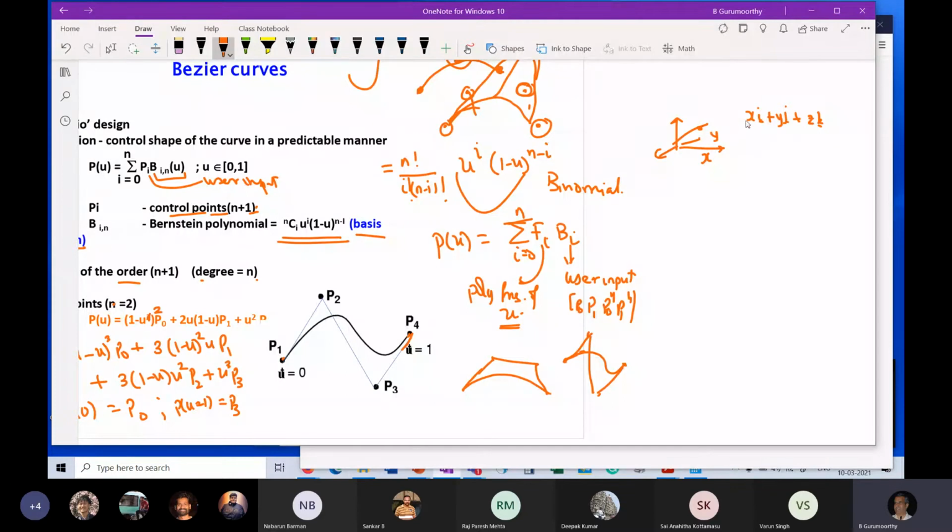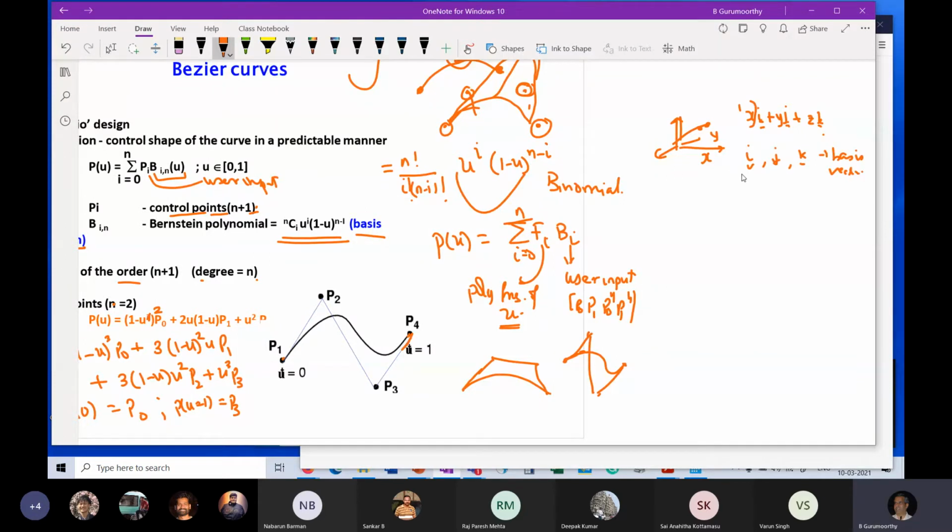So here I have these coefficients x, y, and z, and the basis functions, which are vectors, which are these i, j, k. So the i, j, k forms a reference system for me in which I can use these coefficients x, y, and z to locate a point in that space. That's the idea. So i, j, and k are said to be basis vectors.